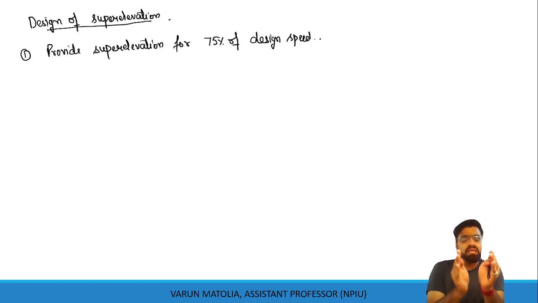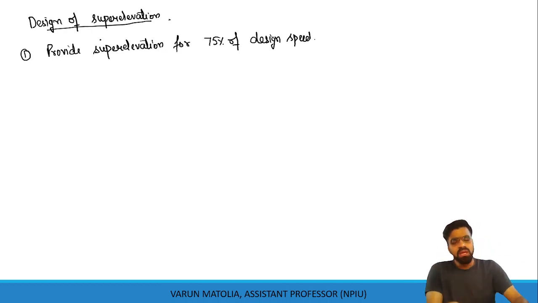So this will help us in order to include those slow moving vehicles also, or to reduce this counter force. Sir, if this counter force is reduced or the weight component is reduced, then how will we balance that centrifugal force completely?